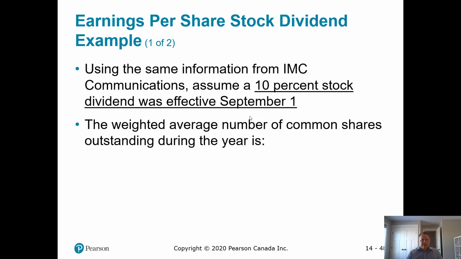So now let's take this a little bit further. Let's have a look at the same information, but assume there's a 10% stock dividend that was effective September 1. So let's work out the weighted average number of common shares outstanding.